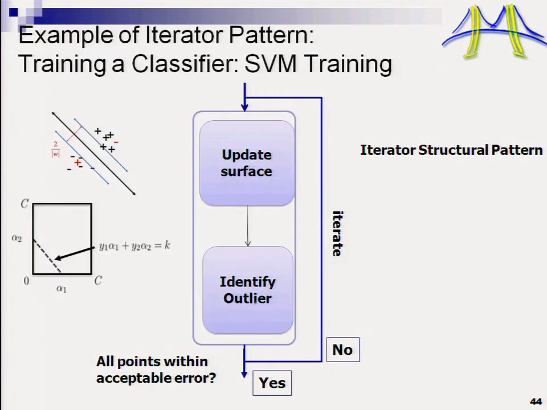In the quadratic optimization portion of a support vector machine software, we're building a fence in n space across the feature vectors. We update the surface. We see if we have outliers that are too far away from the surface. If so, we know we need to iterate to improve the surface so that no outliers are above our error condition. It's basically an optimization problem.